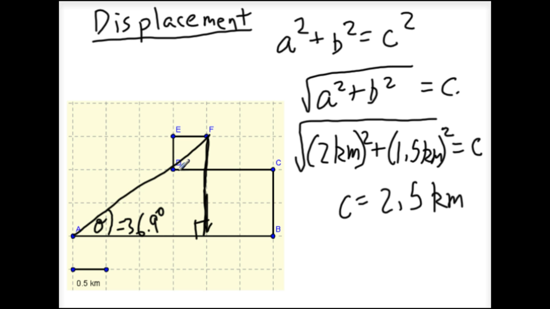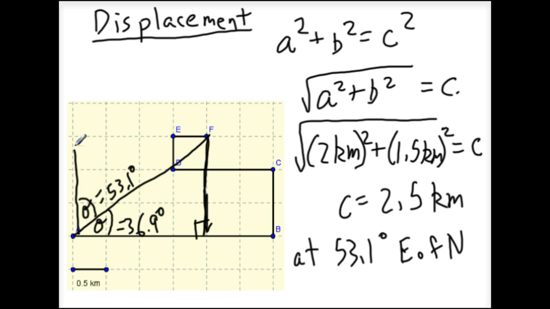So I could say that this person has walked 2.5 kilometers at 36.9 degrees north of east. It's north of east because it's above the horizontal axis in the easterly direction. What's important is that for displacement you include both a magnitude and a direction because it's a vector, not a scalar.